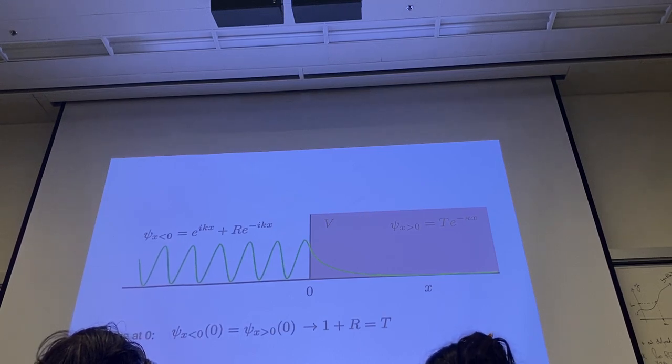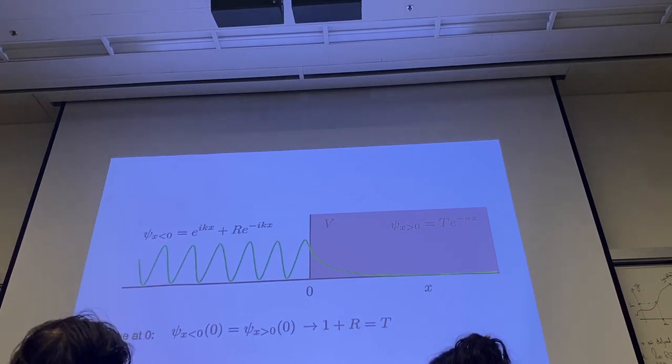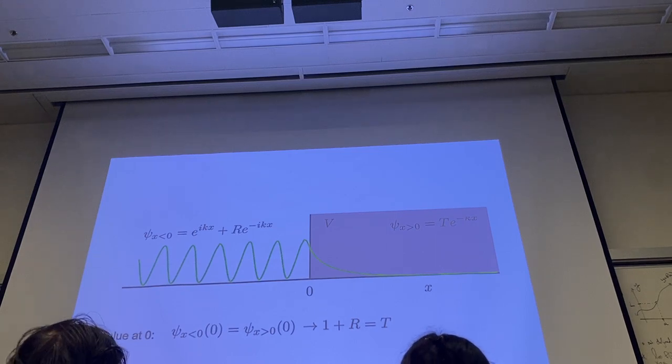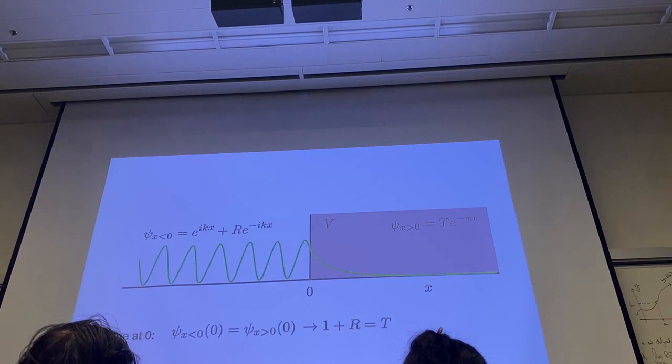I take the derivative of the function above, and then I substitute x equals 0, and I get this number. I'm going to do the same thing on the right-hand side. I take the derivative of that wave function with respect to x, and then put in x equals 0. And I get this: negative kappa times t.